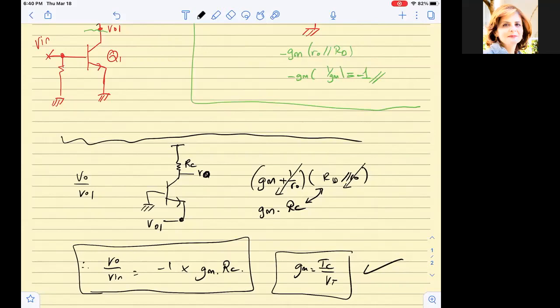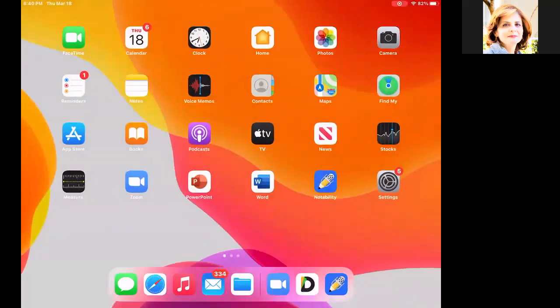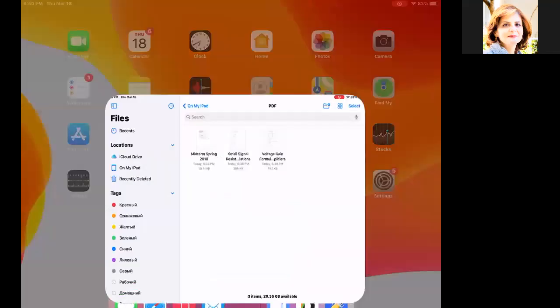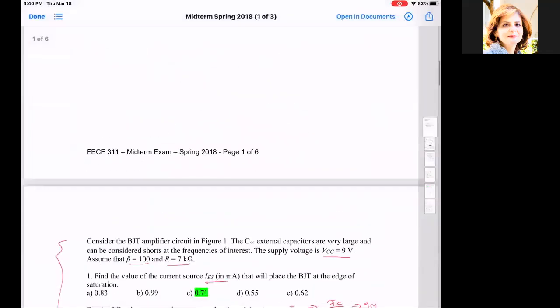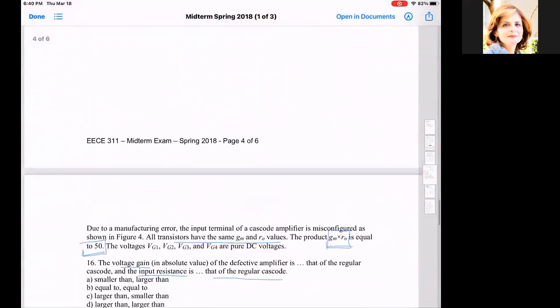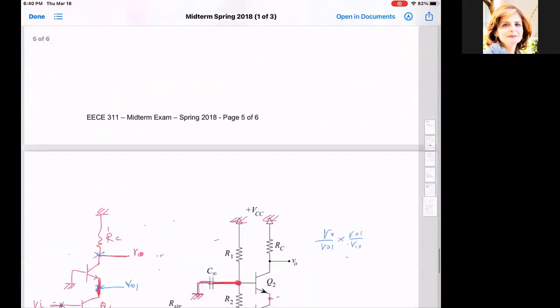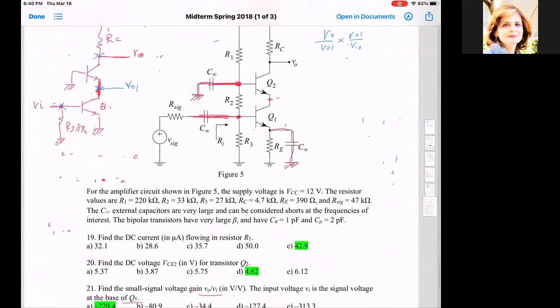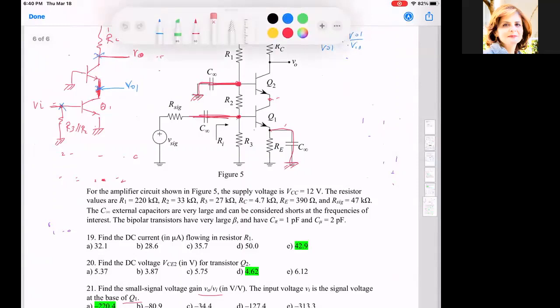So let's go back to the questions. In the question sheet, sorry, they're asking me about the input resistance of this circuit. So they want the input resistance from me. Let's see what the input resistance is. Can anyone guess what the input resistance is?